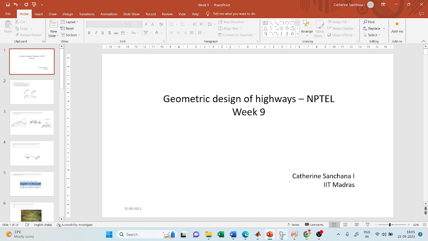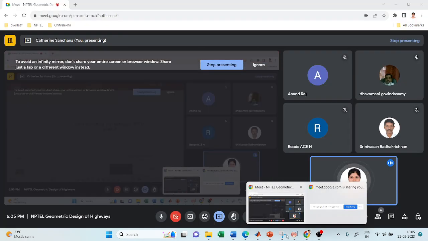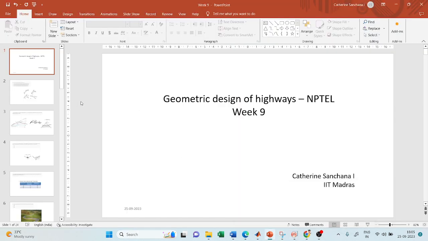So I hope I'm audible and the slides are visible. Yes, last week we were seeing horizontal and vertical alignments, and we stopped with horizontal alignment. I've changed the mode of content delivery.